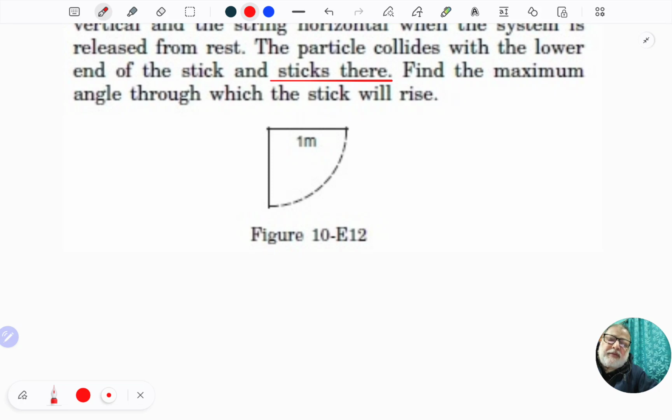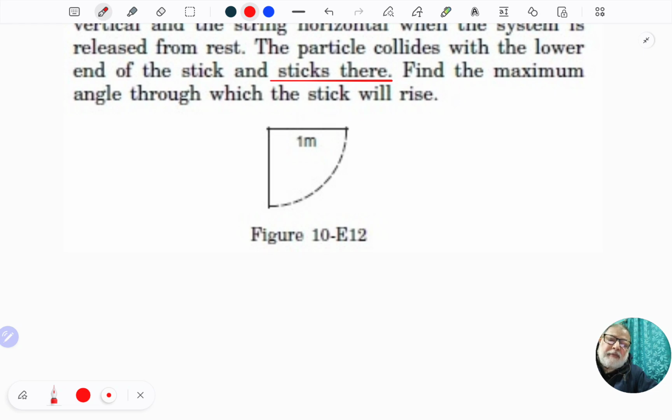Since the pivot is an external object to our system of particle and rod, the presence of this external impulse prohibits the application of conservation of linear momentum.